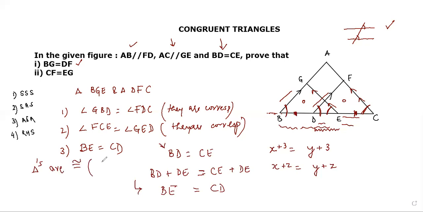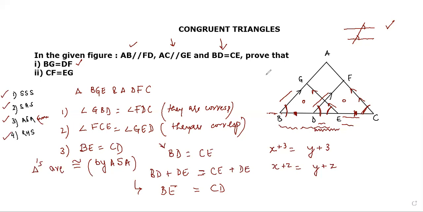By what axiom? SSS, SAS, ASA, or RHS. Can you see that there are two angles and the side in between? So I think two angles and side in between is this axiom. So by ASA, we can prove that these two triangles are congruent.